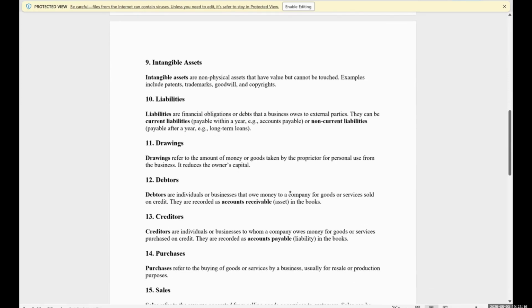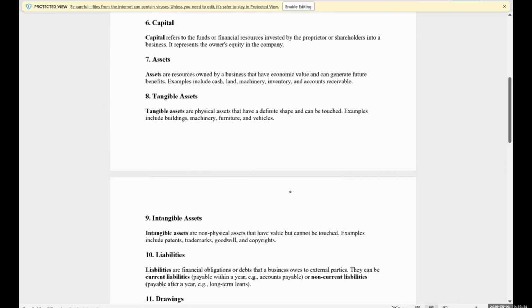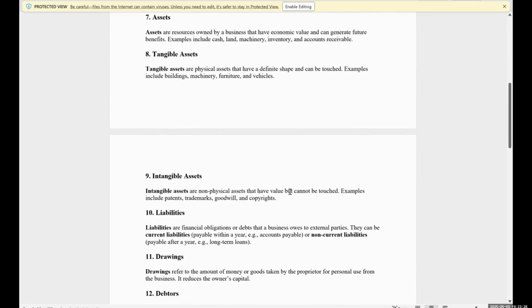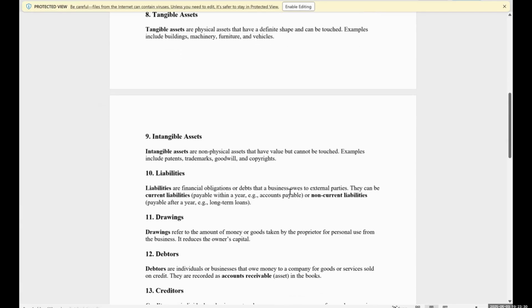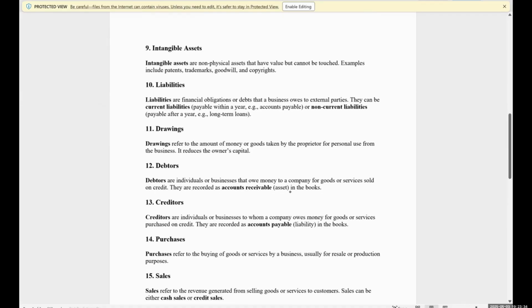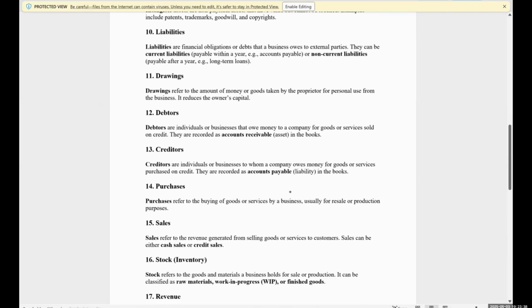Suppose if the owner of the business is investing some amount, then we call it as capital. Now the same owner, if he withdraws some amount from the business, we call it as drawings. And next one is debtors and creditors. Today's class I'll explain at the last.